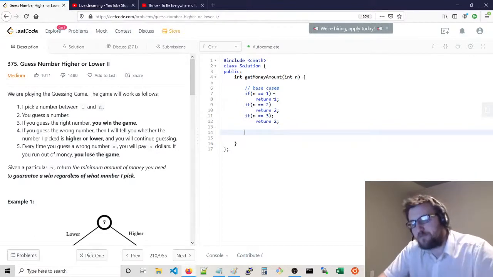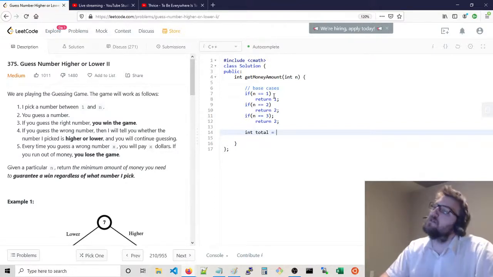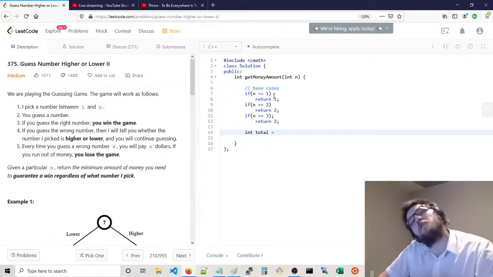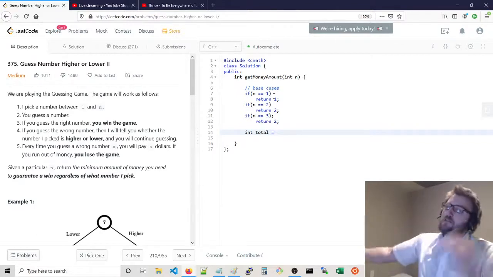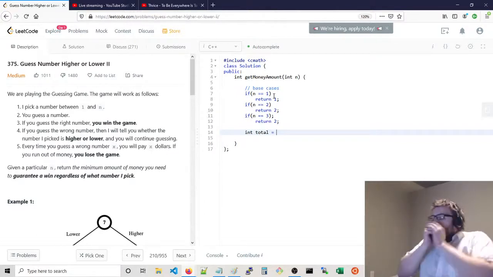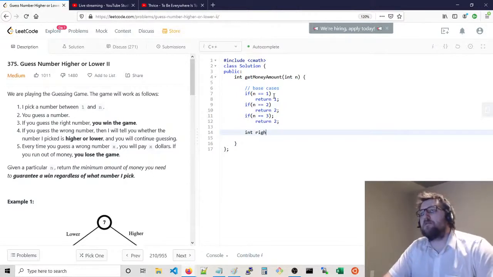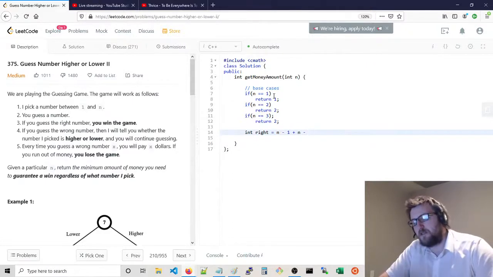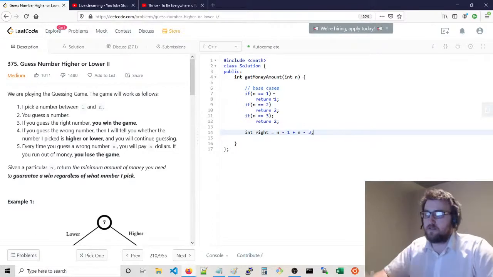So, I guess what we do is we say total is going to be... say right is going to be, the right side is going to be n minus 1 plus n minus 1 plus n minus 3, right?